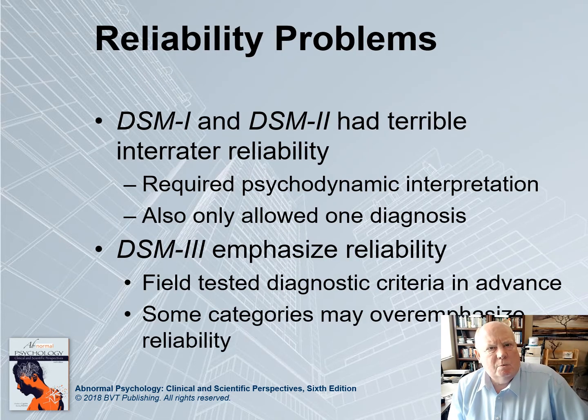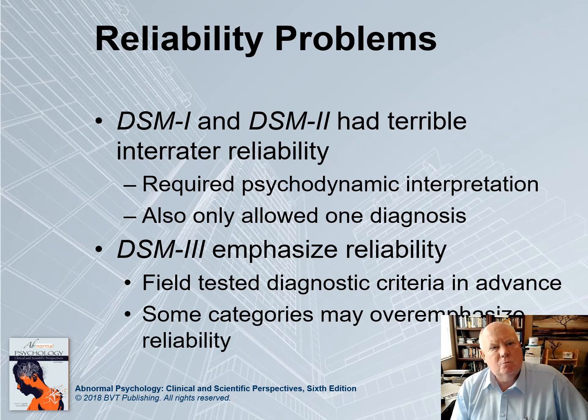Now that we've talked about reliability, you can better understand why DSM-I and DSM-II had such terrible validity. The problem was they had virtually no reliability, and so validity was impossible. DSM-III dramatically improved reliability by focusing on things that people could objectively observe.